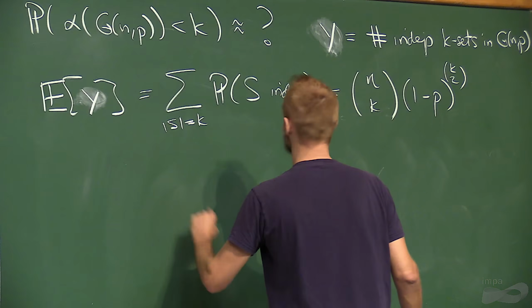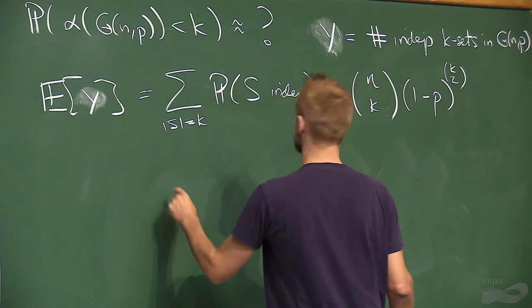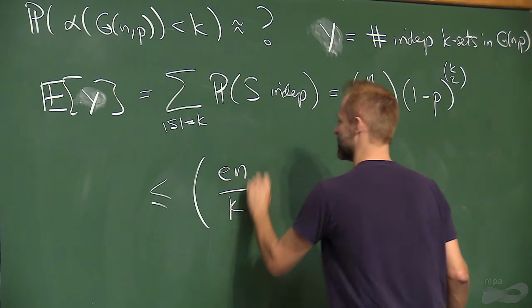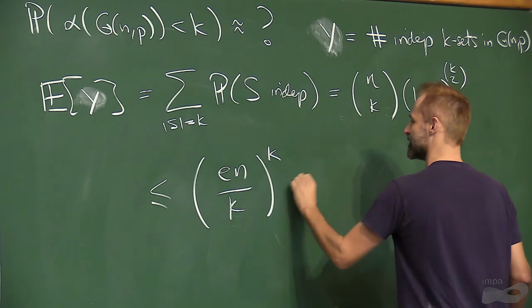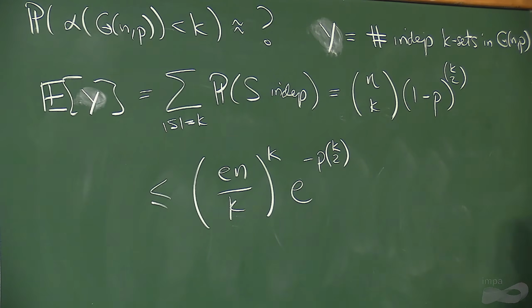So what do we want? We want there not to be 1. There's en over k to the k times e to the minus p times k choose 2. I just use these 2 upper bounds, very simple upper bounds that I just stated. How large is this?